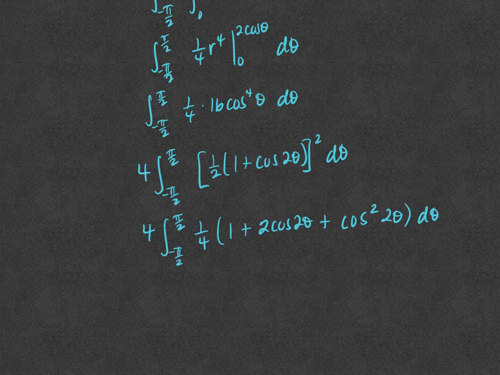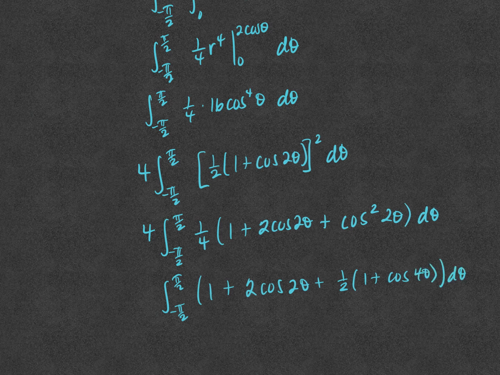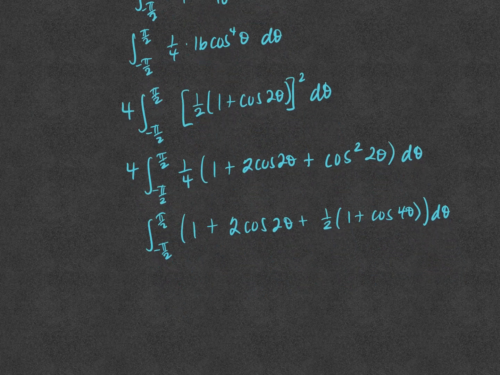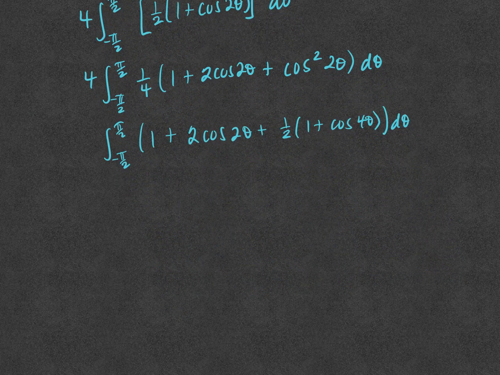So the 1/4 and the 4 are going to cancel. We have the integral from negative pi over 2 to positive pi over 2. We have 1 plus 2 cosine 2 theta. And in place of cosine squared, we're going to say 1/2 times 1 plus cosine of 2 times 2 theta is 4 theta d theta. I'm going to distribute this 1/2 up here before I continue on.